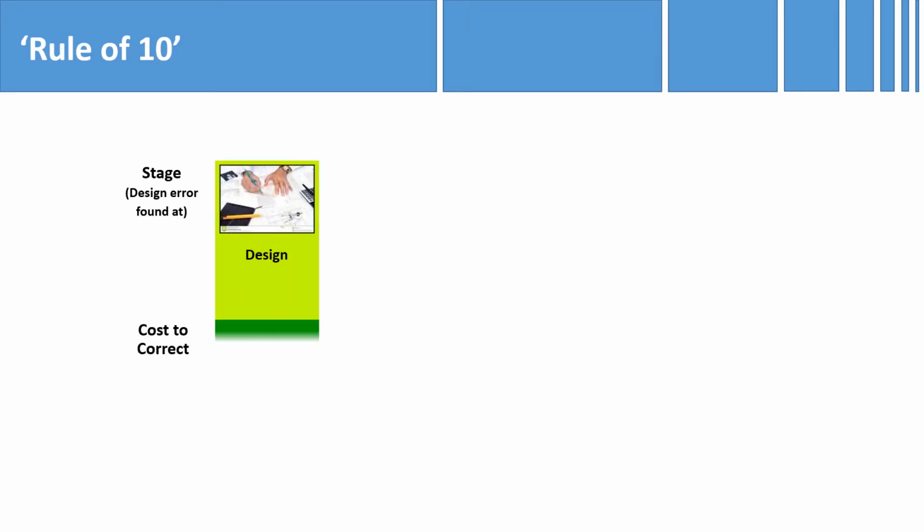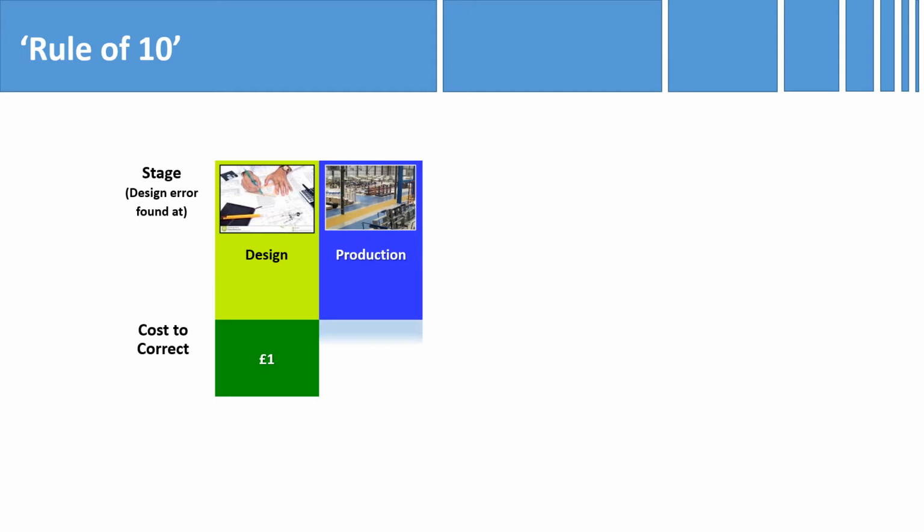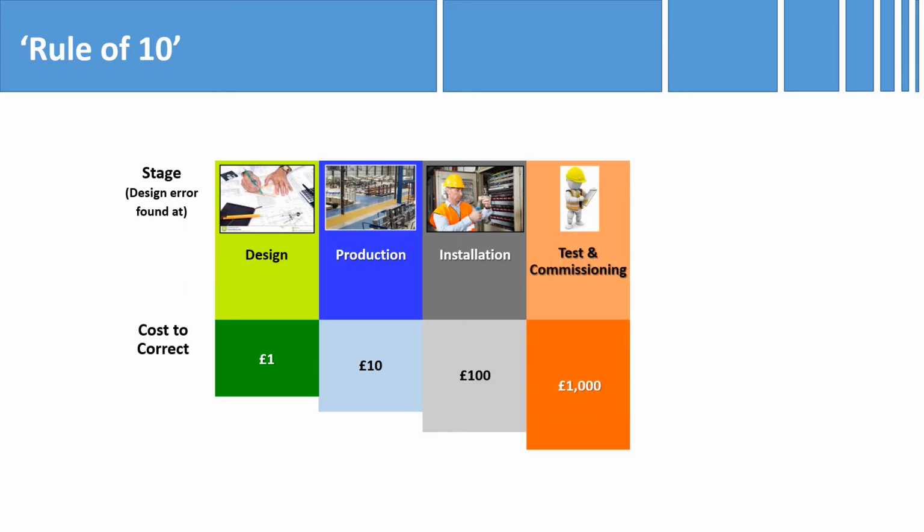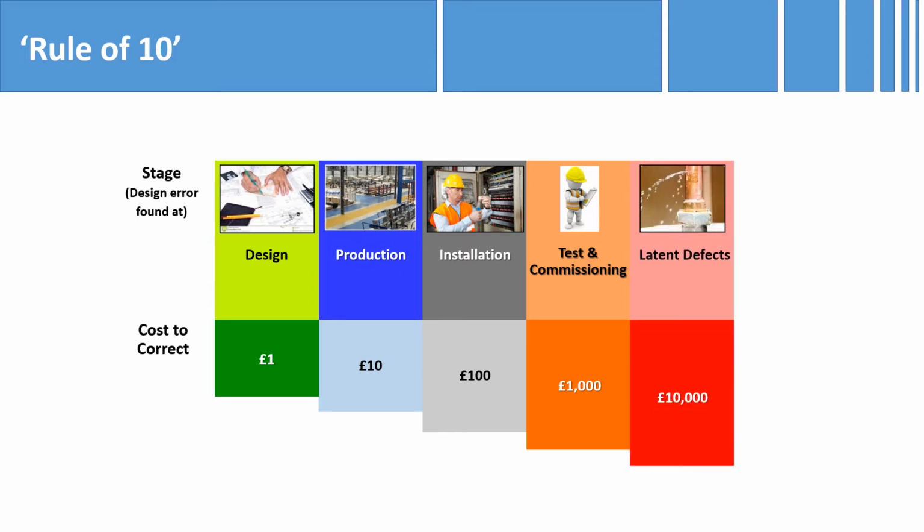So, a design error picked up during design could cost us £1 to fix, whereas it would cost £10 if found during production. £100 at installation, potentially £1,000 at test and commissioning, and should the error not have been picked up until after commission, we could be looking at a conservative £10,000 to correct it. And if that wasn't bad enough, we need to consider the reputational costs, which are invaluable to everyone.